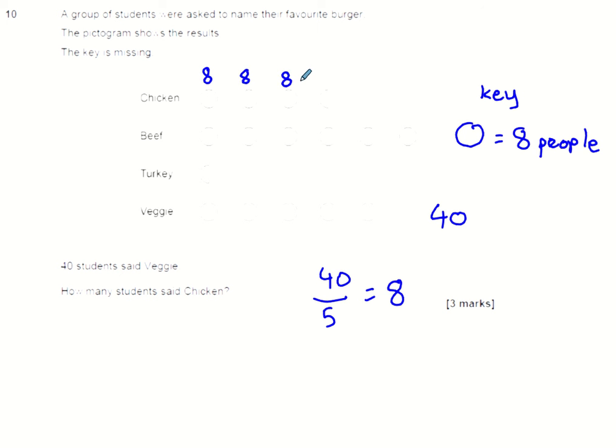So there are 3 full circles. We also have a half circle, which means that half of 8 will be 4 people for that section. So in total, we have 8 plus 8 plus 8 plus 4, and so a grand total of 28 people said chicken.